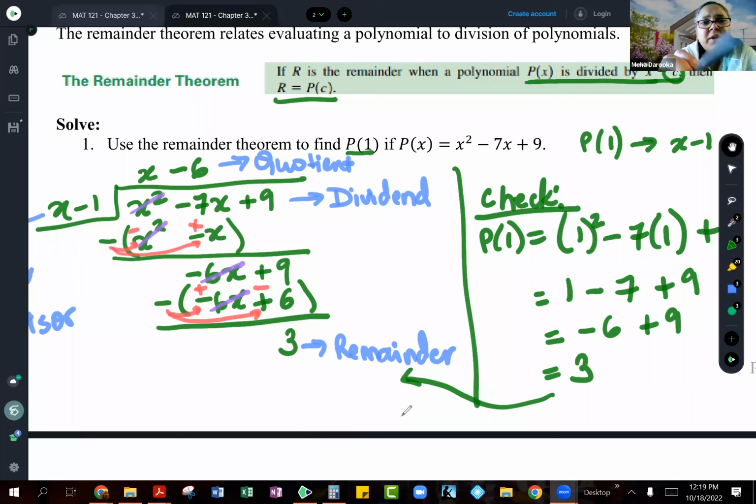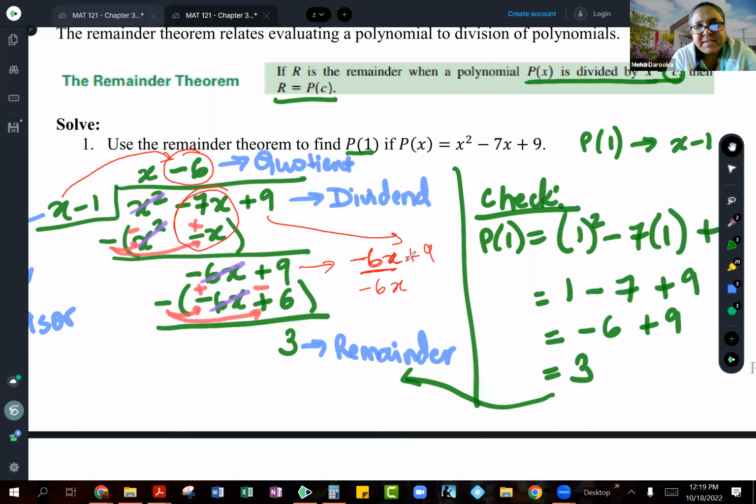That is what we got from, so at this stage, you had -6x plus 9 left behind. When we simplified this, we got -6, and then we just brought the plus 9 down. Now to get rid of this -6x, we multiplied by -6 in our quotient. So you multiplied x times -6, which gave you the -6x.